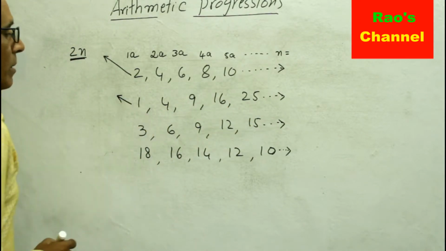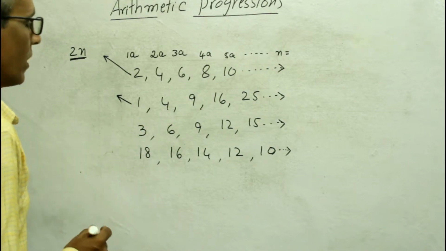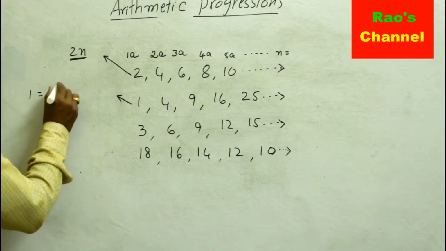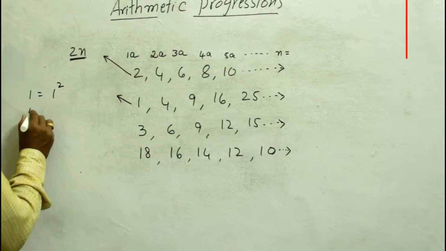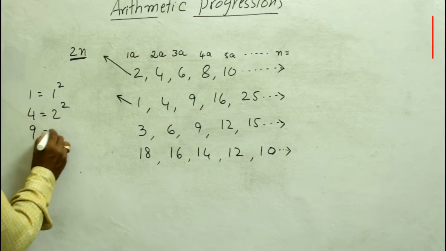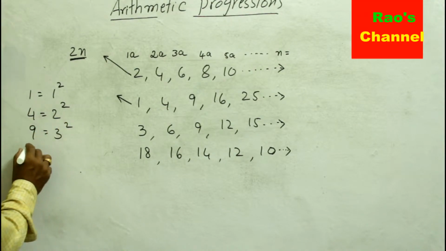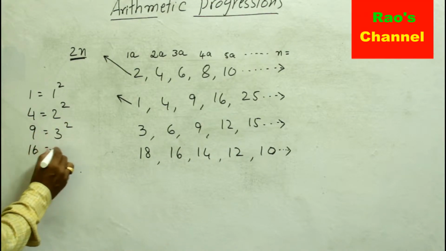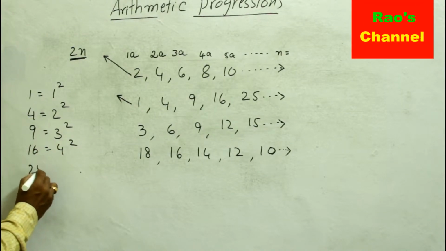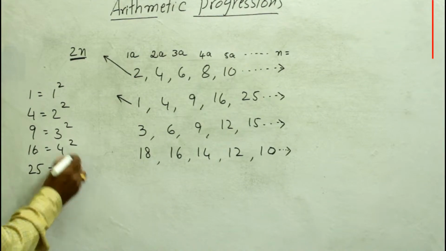Here, each member is the square of the natural numbers. So 1 is equal to 1 square, whereas the second number is 2 square, third member is 3 square, fourth member is 4 square, and fifth number, that is 25, is 5 square.